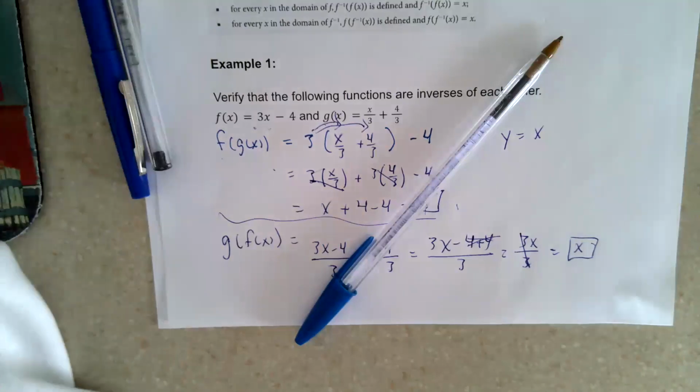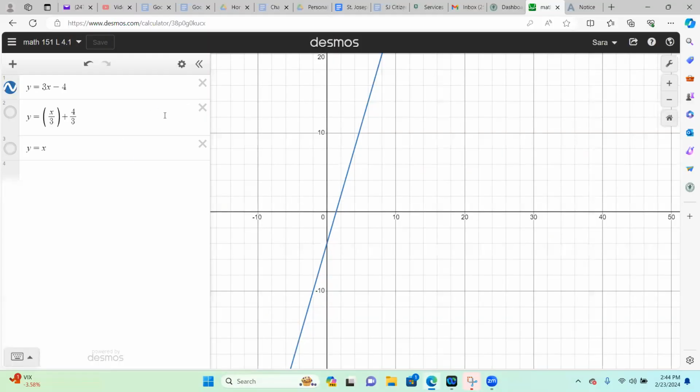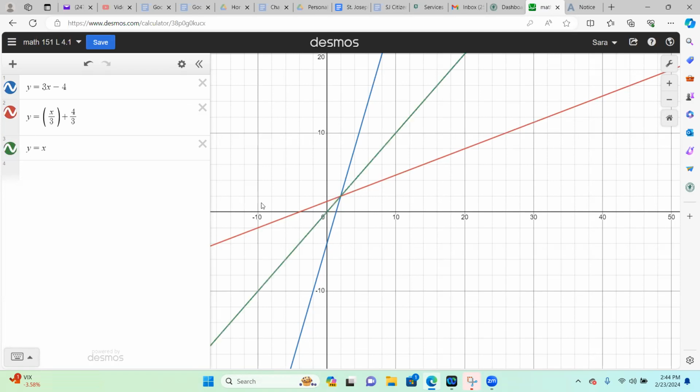So I'll show you that in Desmos before we move to the next example. So here is y equals 3x minus 4. Here is the g function in red. And here is y equals x.